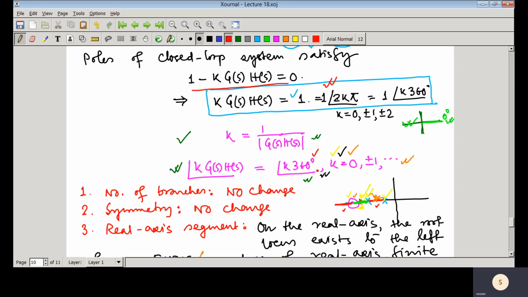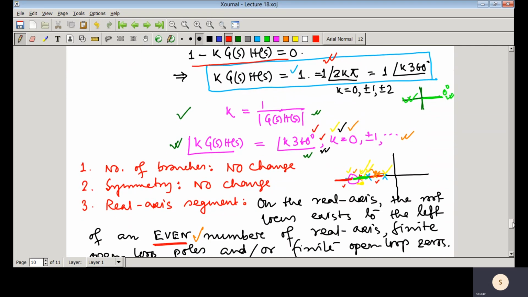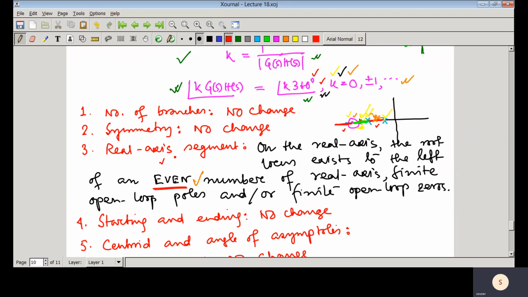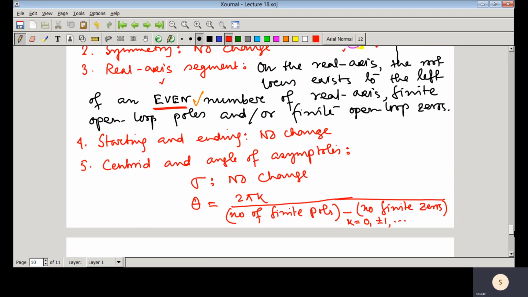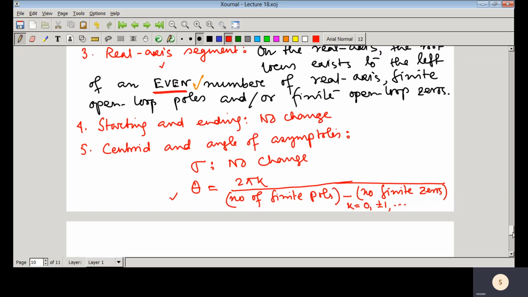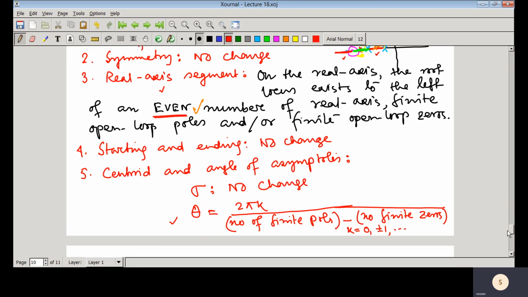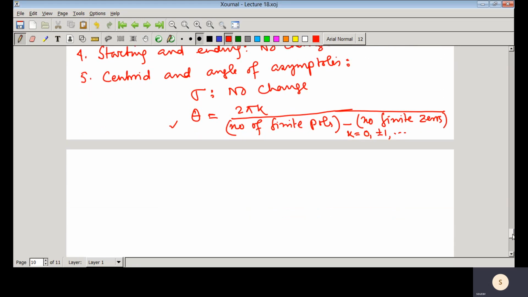So the angle condition is this one, and because of that there is a change in the real axis segment, and there is a change in the formula for finding the asymptotes. And in other cases, for the angle of departure or angle of arrival, where we have equated to 180 degrees, in this case it would be 0 degree, or you can write 360 degrees. So these are the changes.